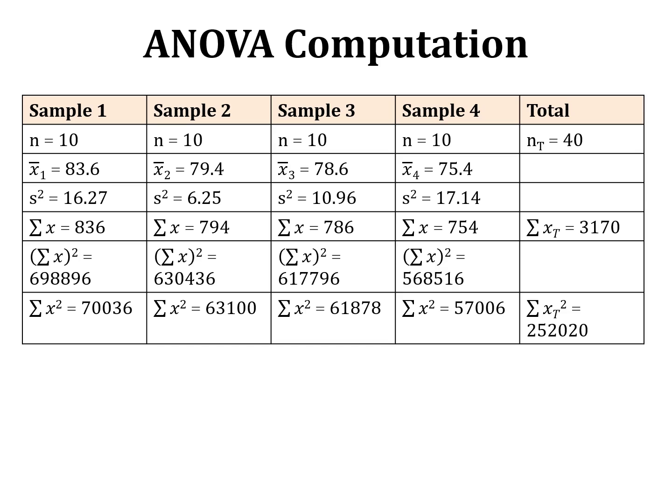So this is 70,036 for sample number 1, 63,100 for sample number 2, 61,878 for sample number 3, and 57,006 for sample number 4. And the total is 252,020.